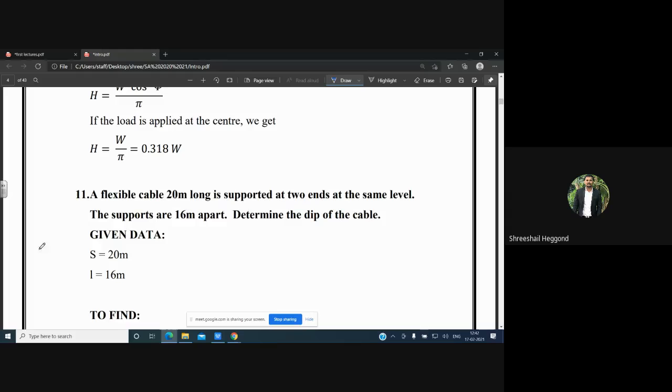The cable is of 20 meter length and the distance between the two supports is 16 meter. If this is a support and another support is at this point, the support to support distance is 16 meter, and the cable which is connecting the two supports is 20 meter.